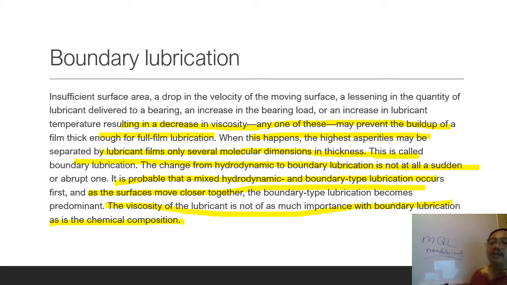Okay, because you just need a little bit of lubrication to avoid friction, to minimize friction.